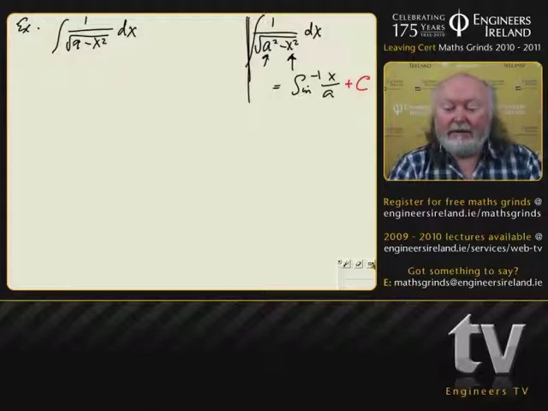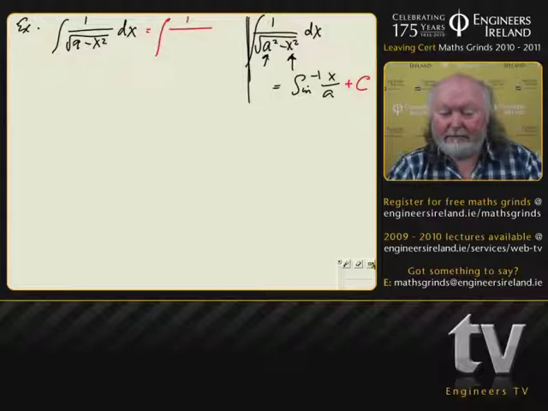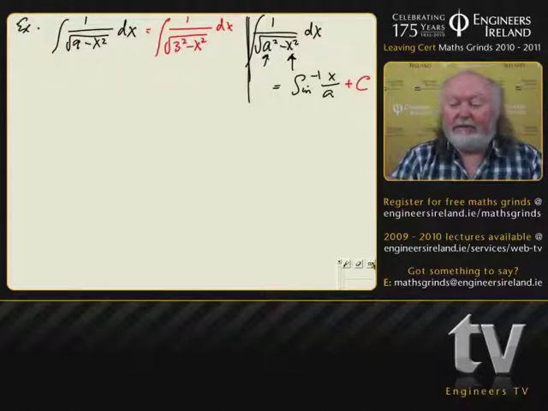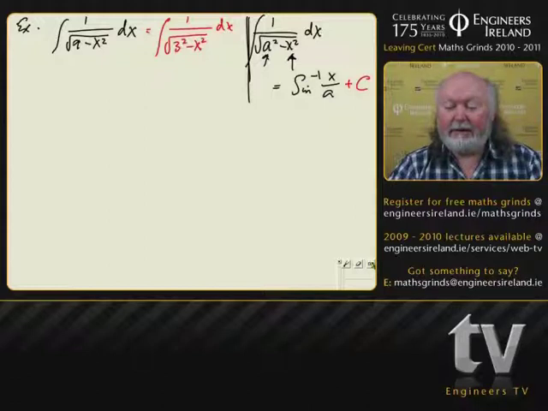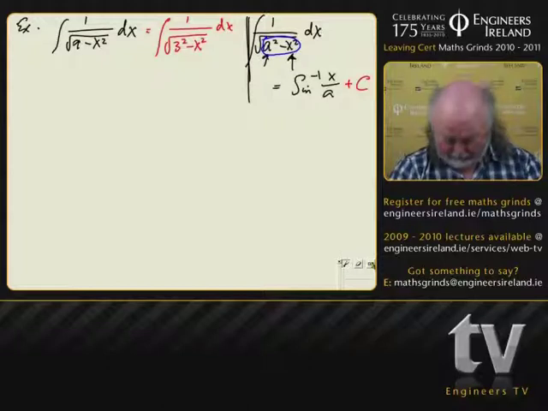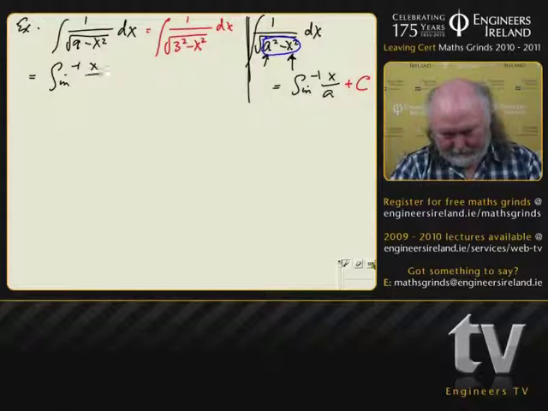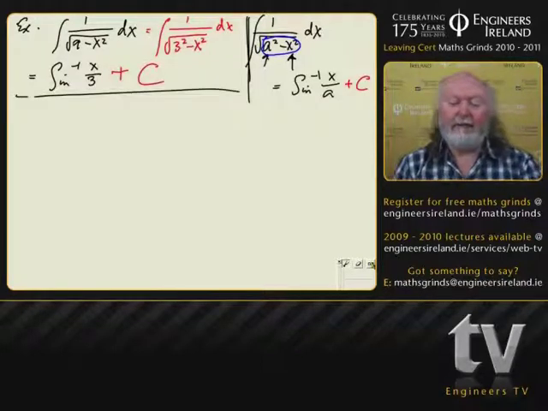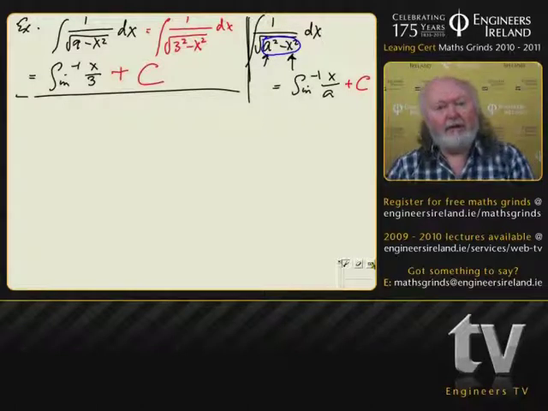Now we can see that this is clearly, and now we have it in the form that we want. It now looks like that underneath the square root sign. So it's inverse sine x over 3 plus a constant.